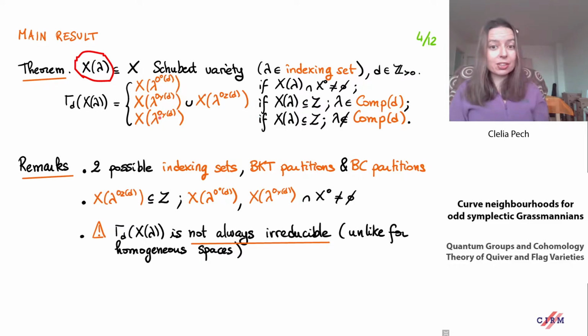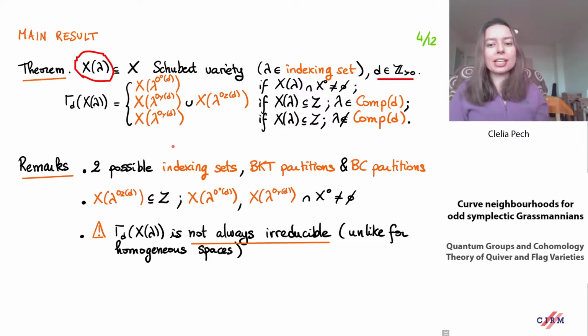And our result, with Ryan, is that we will describe the curved neighborhood of the Schubert varieties. I will have some indexing sets that I will explain for the Schubert varieties, and then X lambda, for lambda an element in this indexing set, will be a Schubert variety. I'll fix myself a degree d as well. Remember, I want to look at all the points that are connected to a point in the Schubert variety by a degree d curve.